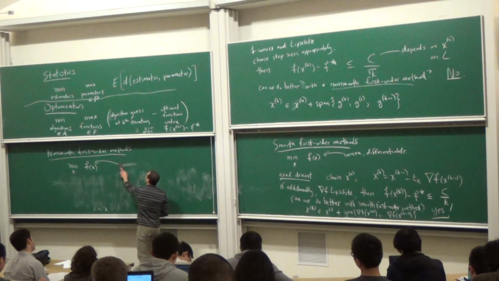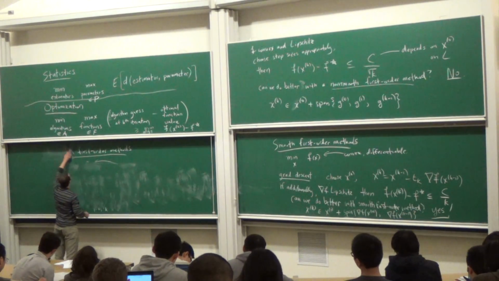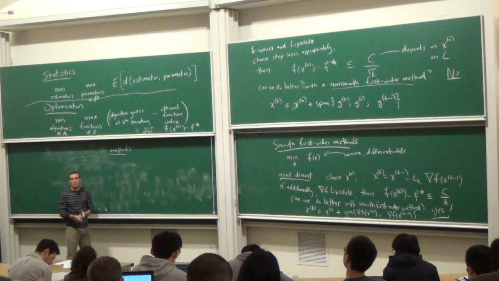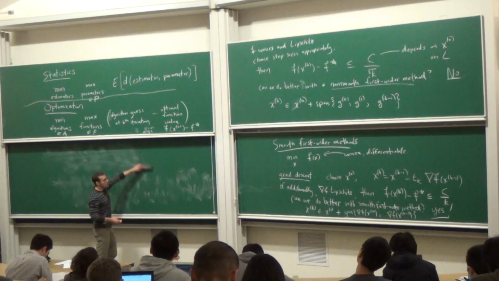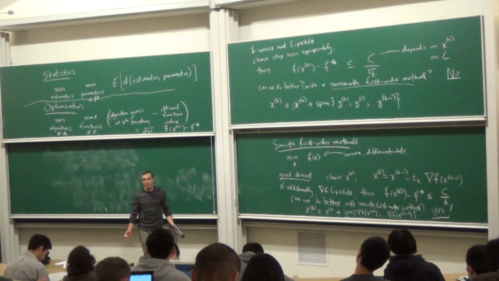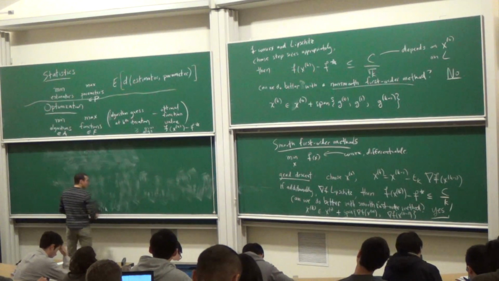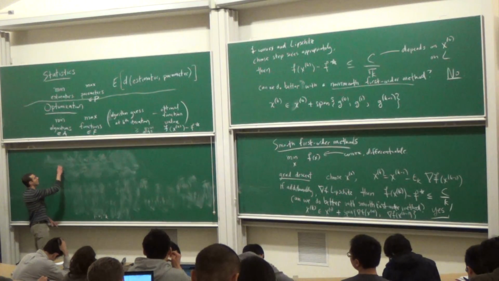And the story actually gets even more rich because it turns out we can achieve that rate not only for a smooth minimization problem, but also for certain types of non-smooth minimization problems. If we do what's called a composite minimization problem with certain assumptions, we can still achieve the rate 1 over k squared. So there's a lot more that can be said, but I'm just going to stick with this stuff.